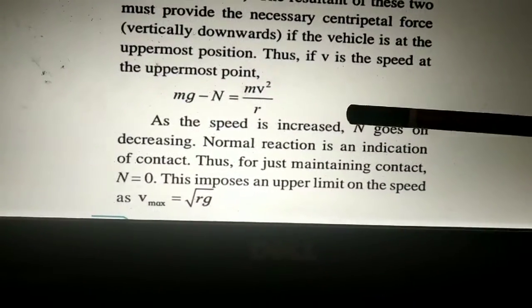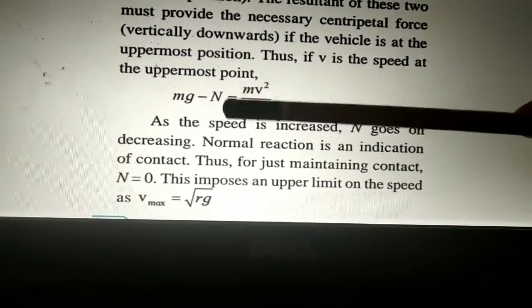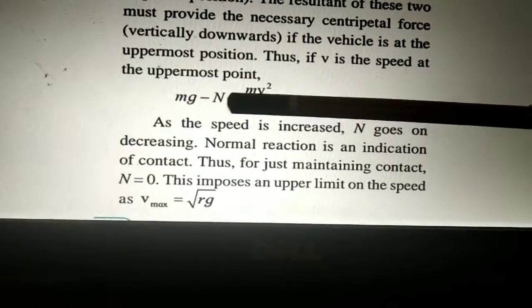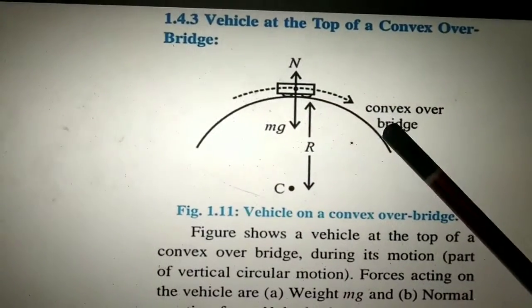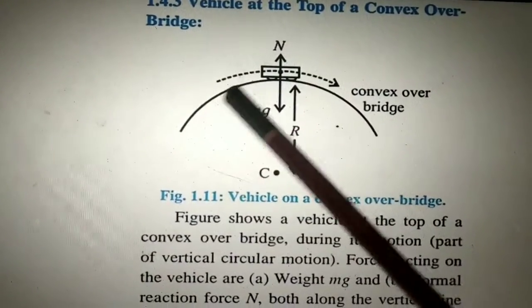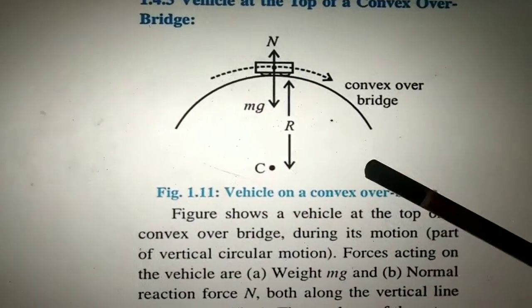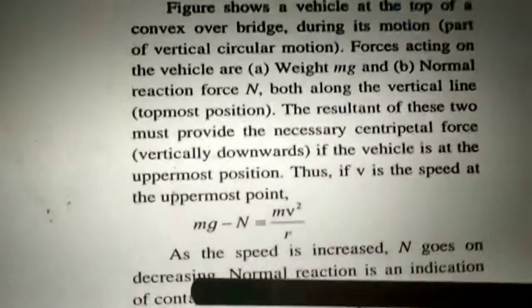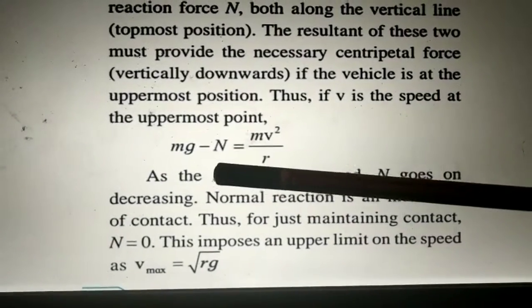Now consider one case. As the speed is increased, N goes on decreasing. What is N? It is the normal force, acting at the point of contact. As the vehicle moves faster, the contact will be for a much shorter time. So when the speed increases, N goes on decreasing.